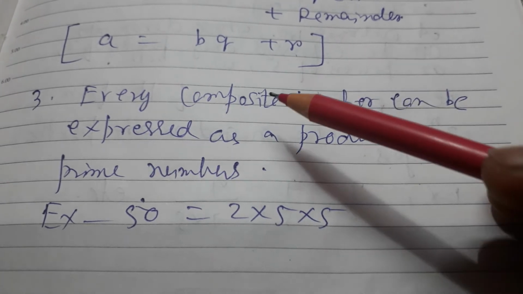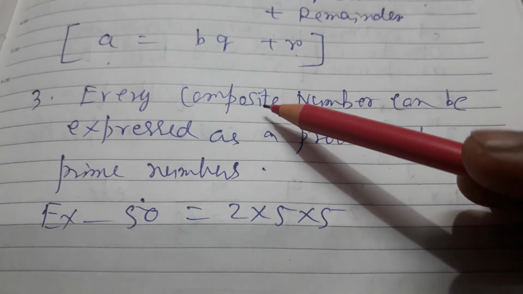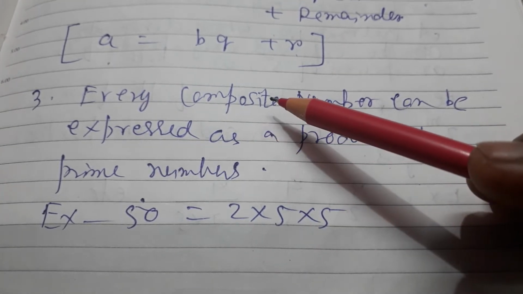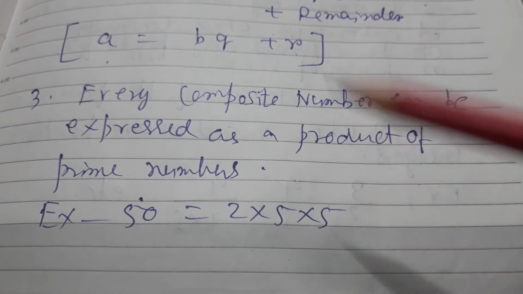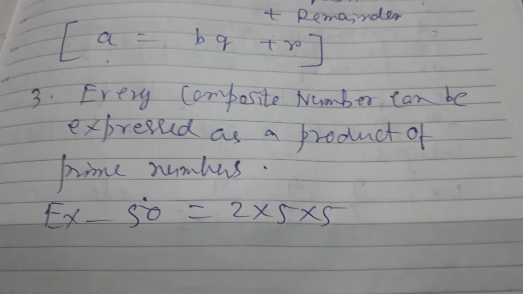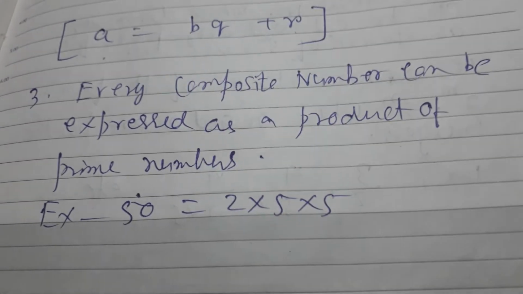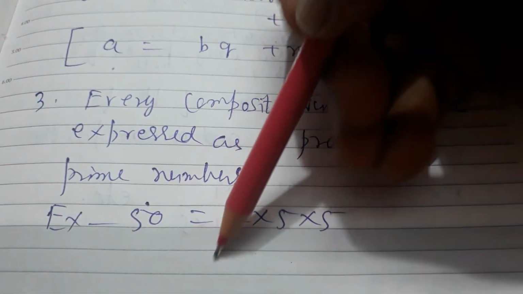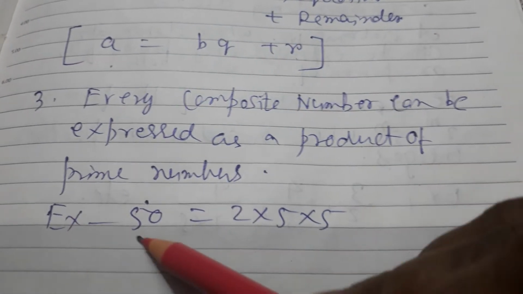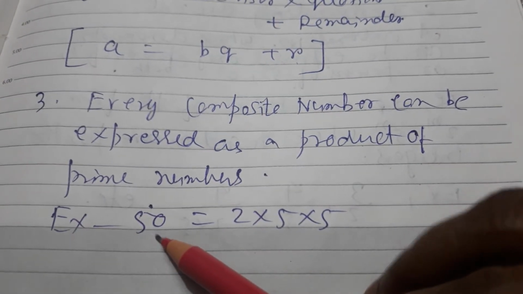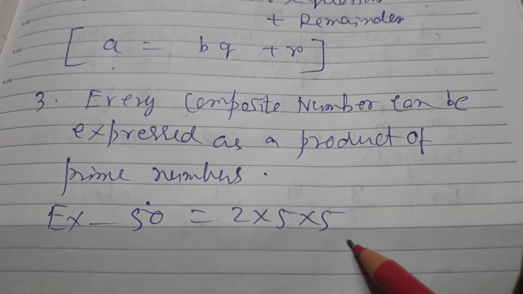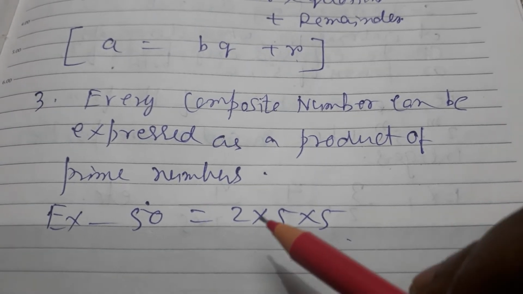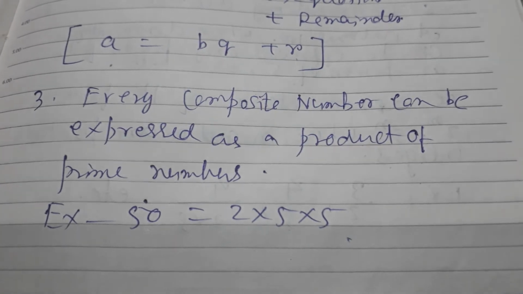And the smallest composite number is 4, which has the factors 1, 2 and 4. So it has more than 2 factors, so it is a composite number, and a composite number can be expressed as the product of prime numbers. As an example, 50 is a composite number. 50 can be split up as 2 into 5 into 5. So 2 is prime, 5 is prime, 5 is prime.